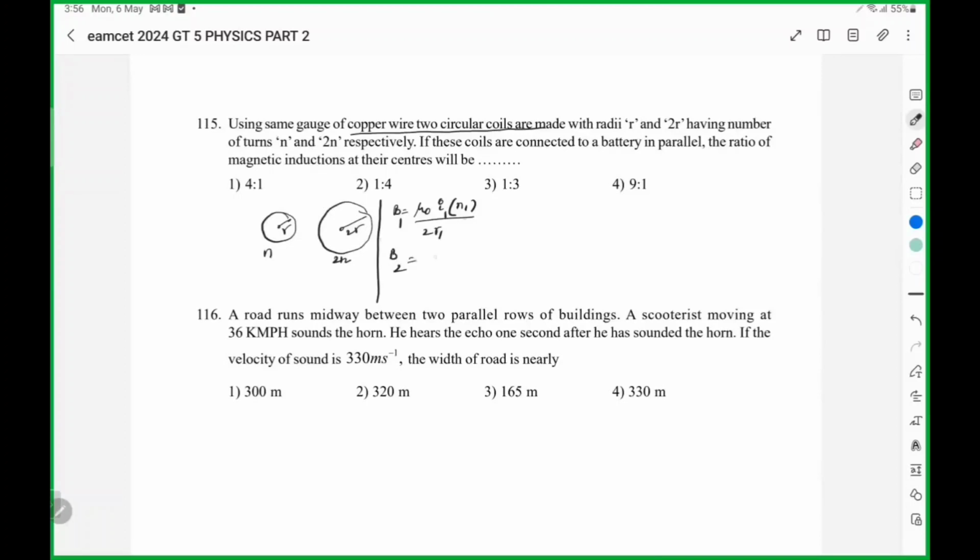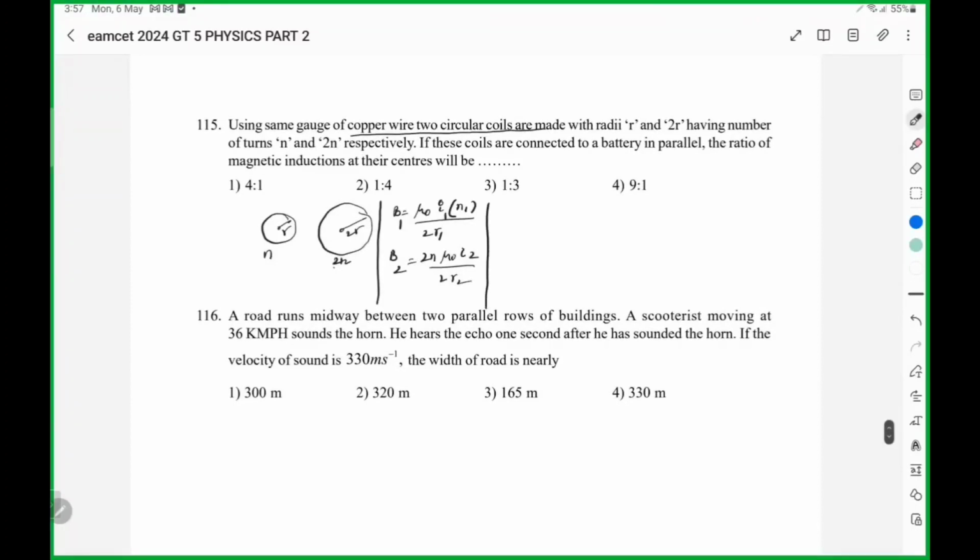In this, 2n turns are there, mu naught I2 by 2 times what? B1 by B2 will be mu naught I1 n by 2R, 2n mu naught I2 2n by 4R because R2 is 2R. N gets cancelled.